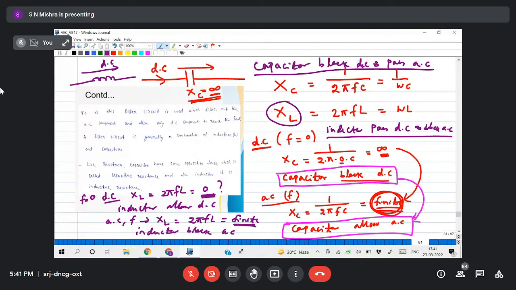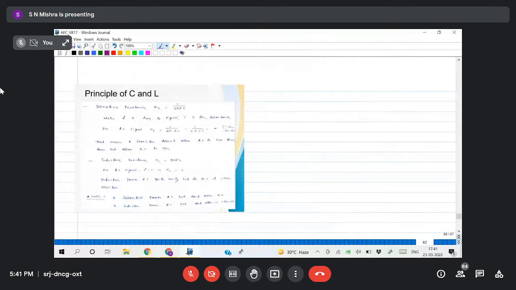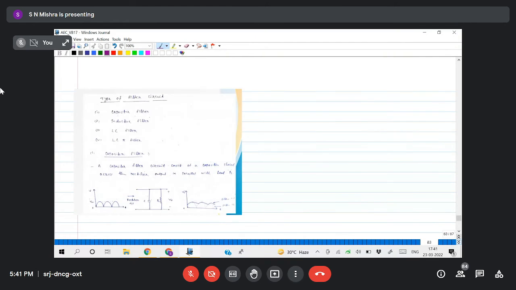Okay, now we'll go to the filter circuit. So whatever I have explained, that same thing is written here. A capacitor passes AC but does not allow DC, or blocks DC. An inductor passes DC but does not allow AC. Now we'll see the types of filters.